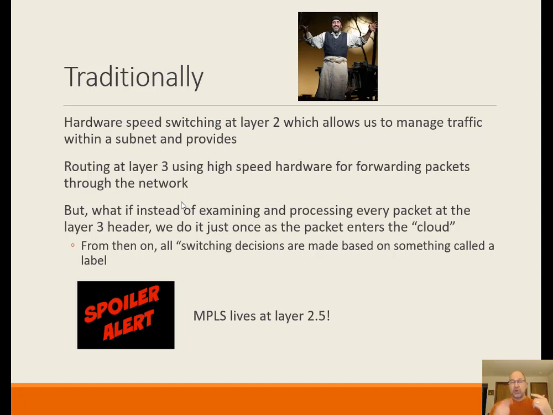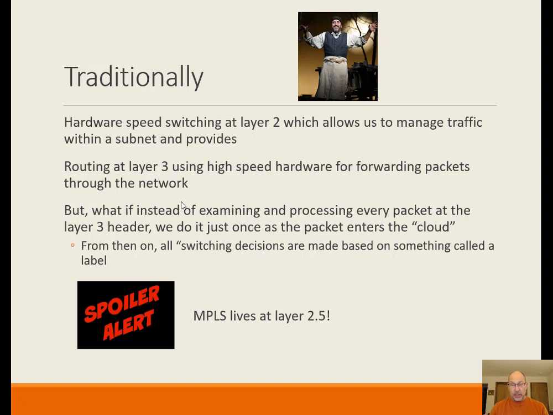We have to figure out the source and destination IP address, so it's additional processing. Routers are always slower than switches. But what if there was a way to take advantage of the switching speed by not processing all the layer 3 header for each and every packet at each and every hop? Then we might actually get a performance benefit.